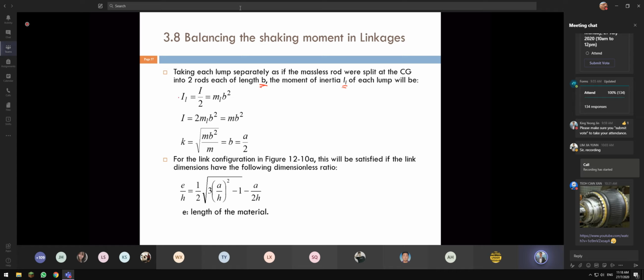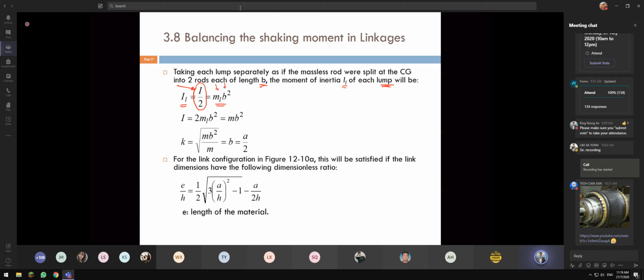We are trying to find that IL, so for each lump mass, the mass moment of inertia is I over 2. This is the original I. We can also write it as m L b squared, where b is the mass radius of gyration.